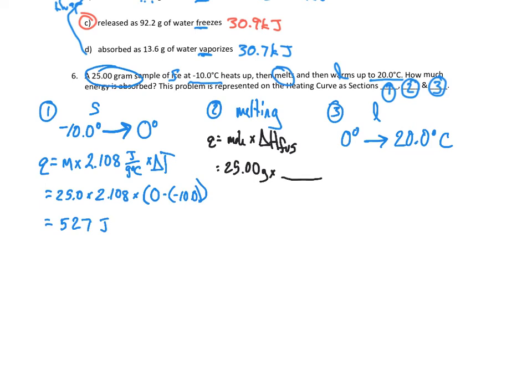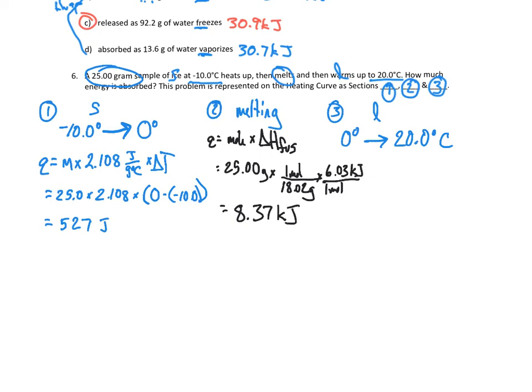I have to convert that to moles. And then I want to multiply that by my ΔH fusion, which was 6.03 kilojoules. Okay, so how many sig figs there? Well, again, it's still 3 because of the 6.03. So to 3 sig figs, that would be 8.37 kilojoules.